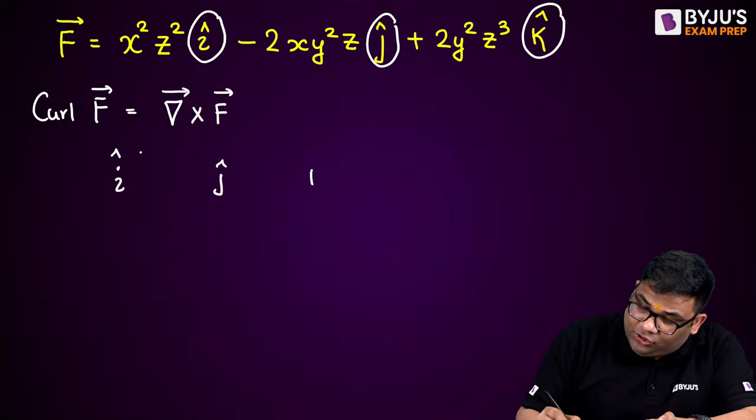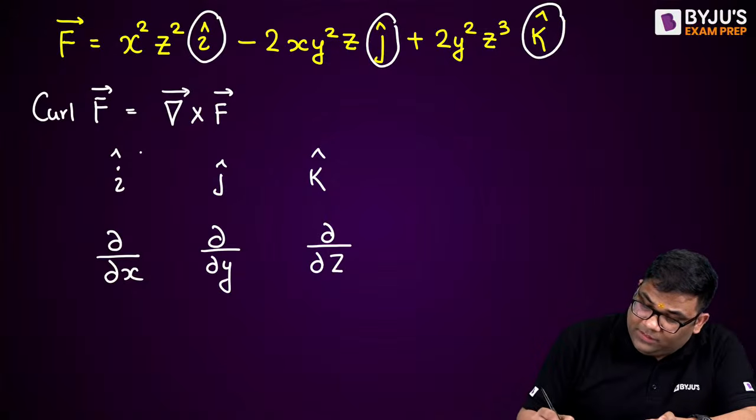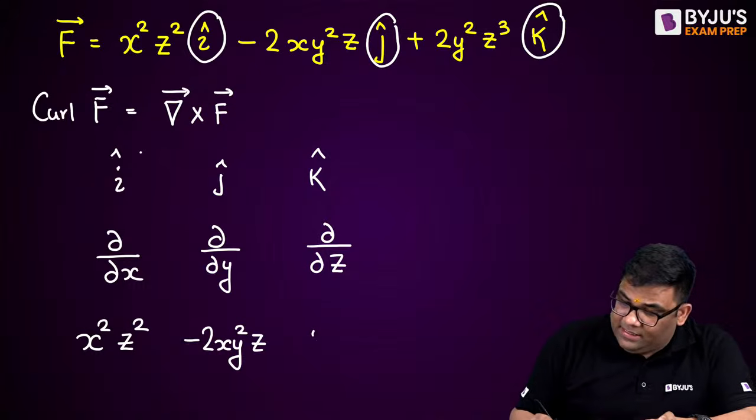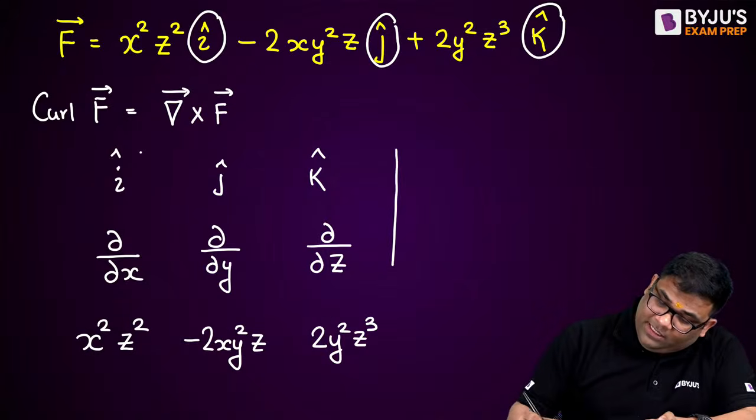So I, j, k, dou by dou x, dou by dou y and dou by dou z. Easy. And this is x square z square, then minus 2xy square z, and last one is 2y square z cube. Now just find out the determinant of this.